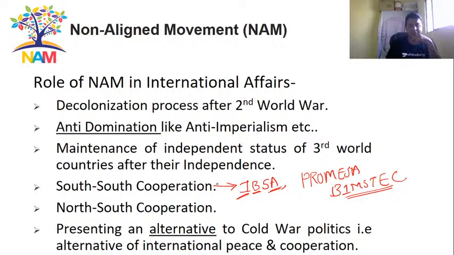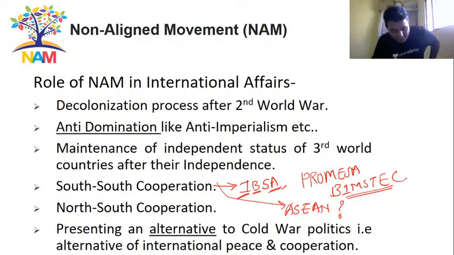Can we say one more example? ASEAN. Yes, can we say ASEAN? Be fast.